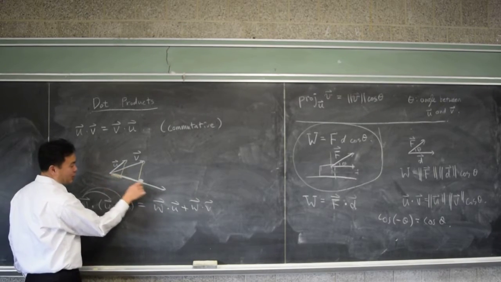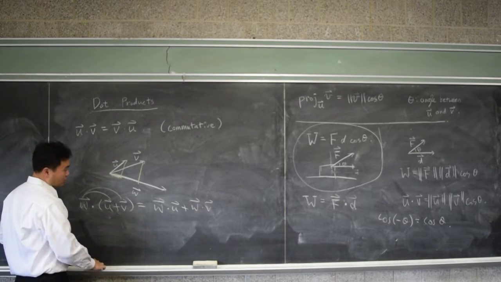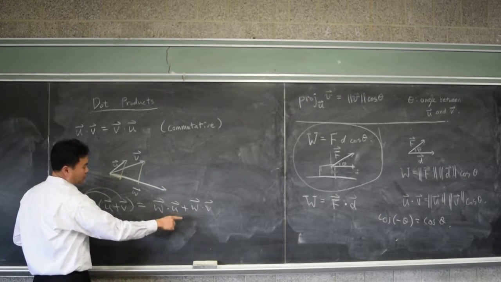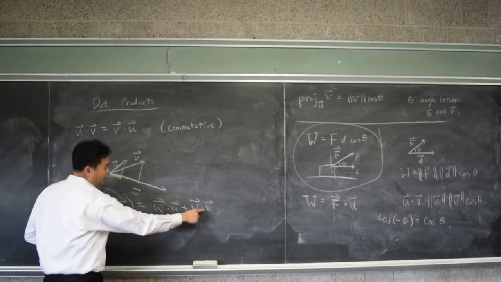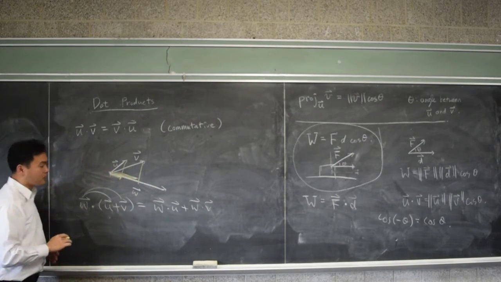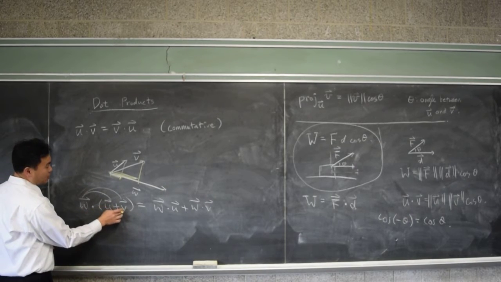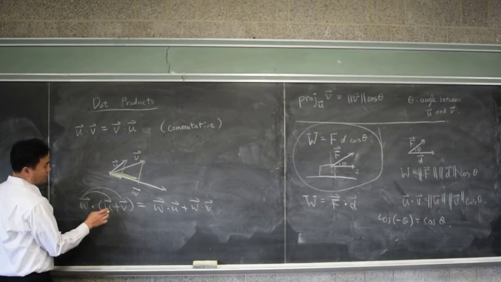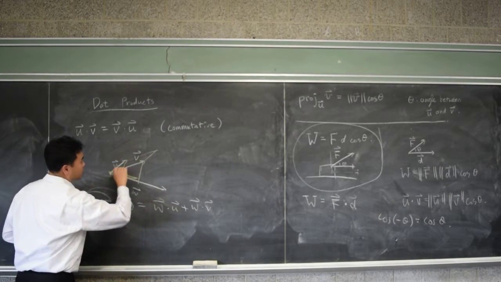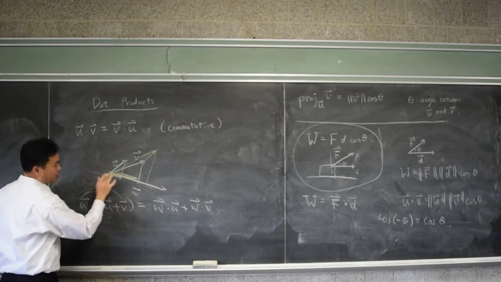So it's basically this white line times this much. And w dot v means this much times this length. Whereas here, you're adding these two vectors, coming up with the third one, and then projecting this down here and multiplying.